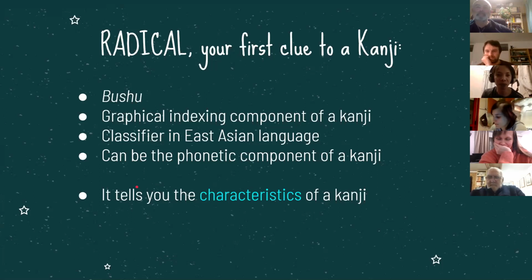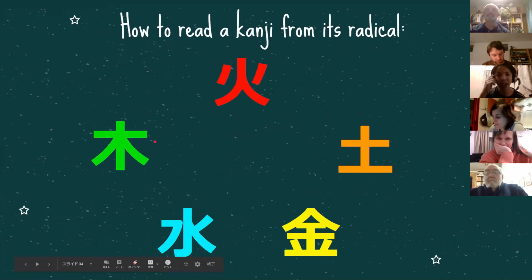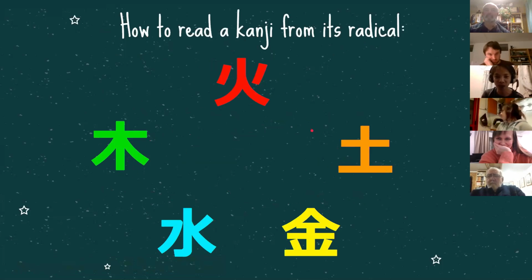And sometimes the radical can be the phonetic component of a kanji. But what you should know for now is that the radical tells you the characteristics of a kanji, and then you can guess its meaning. And as an example, I will use the 5 elements to show you how it works.